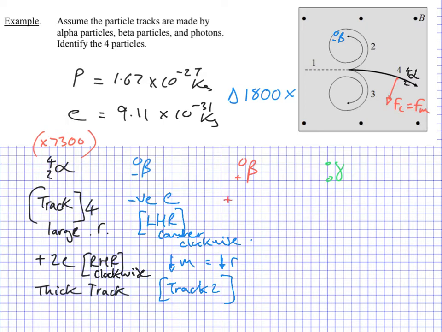So that must be my beta. It's got the positive elementary charge. I'm going to use my right hand rule because it is positive, which means it's going clockwise. It's got a small mass, which is the small radius. And so this is track 3. Okay, so track 3 is my positron.